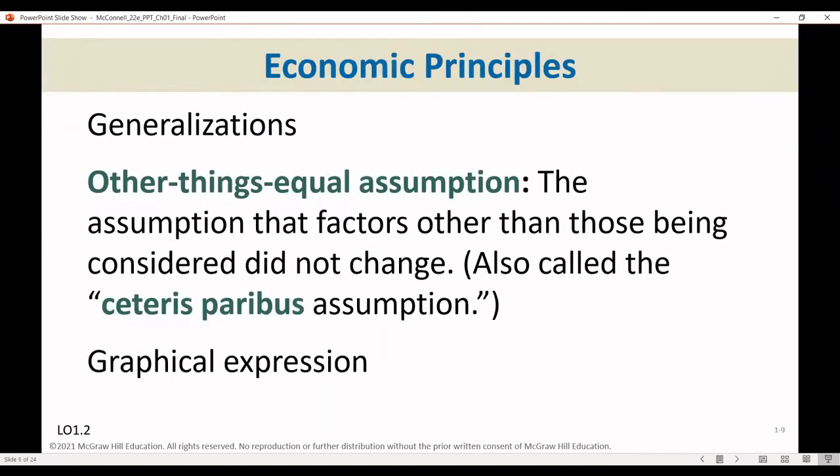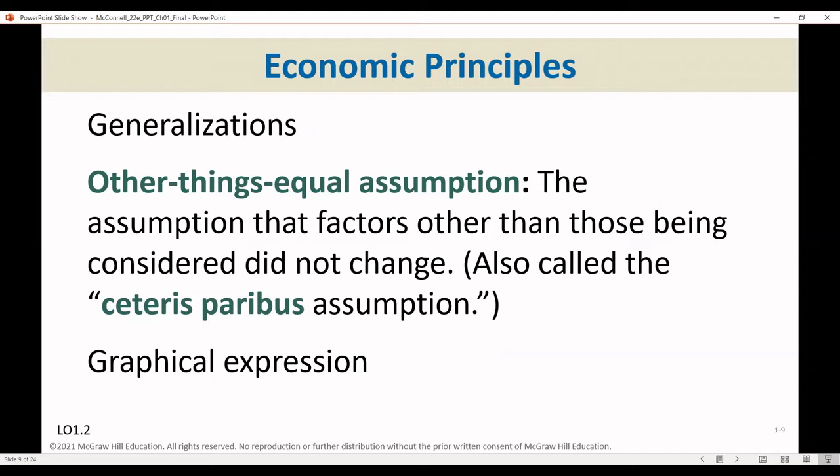So one thing I want to point out here, when we come to generalization of the observation and making it a principle, is that if there are two variables that you want to see the relationship between, anything else that is not rolling into your study, you have to assume that those variables are constant so they don't influence your study.